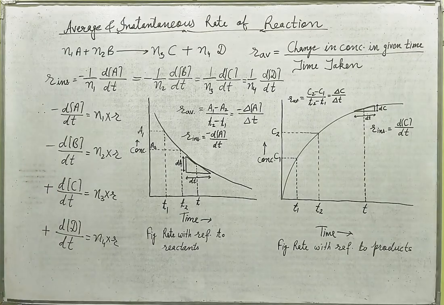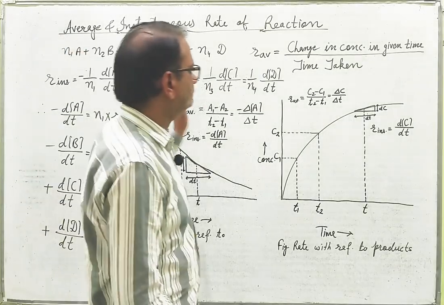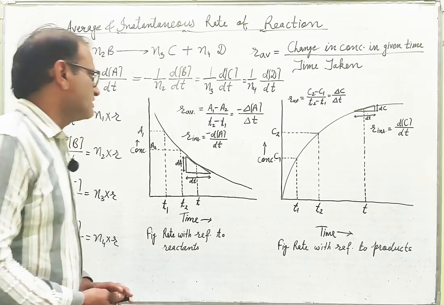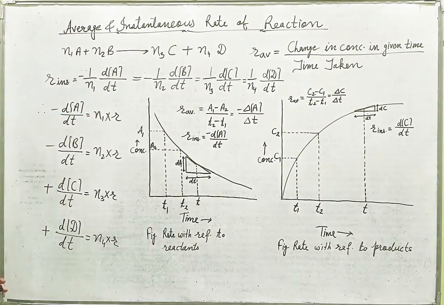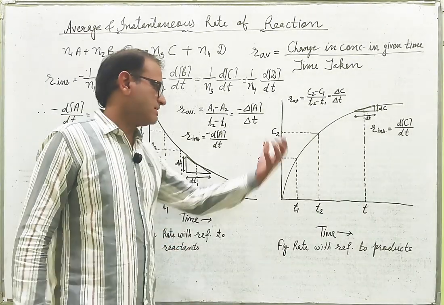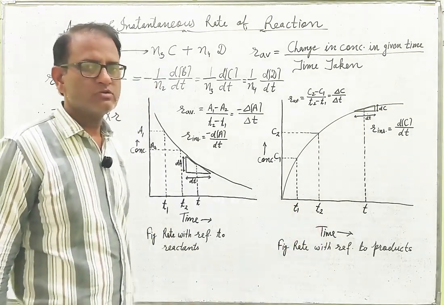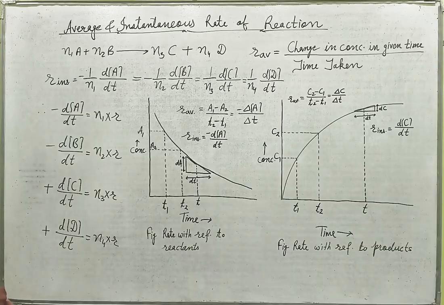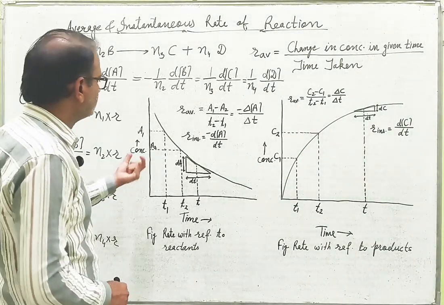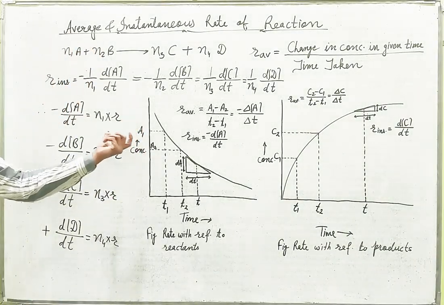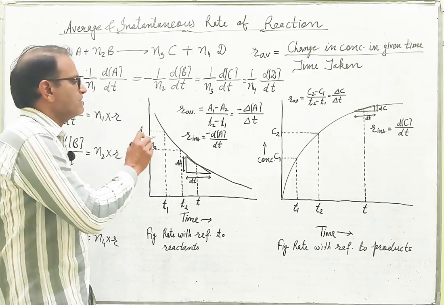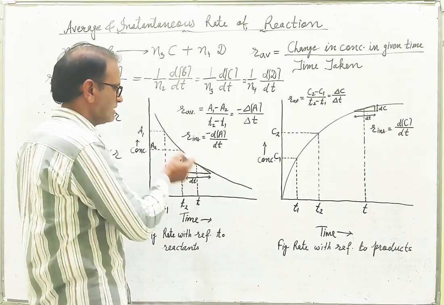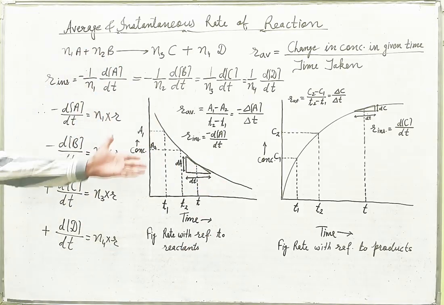Graphically we can also calculate the average rate and instantaneous rate of a reaction. How to calculate then? We can calculate with reference to reactant as well as with respect to product. If we are calculating with respect to reactant, then we take the reactant A. The concentration of A will decrease with time and we will get a graph like this, a parabola.